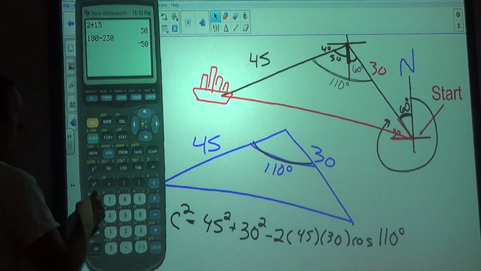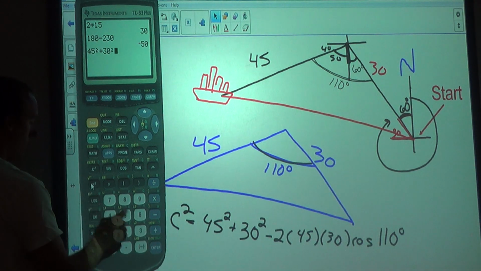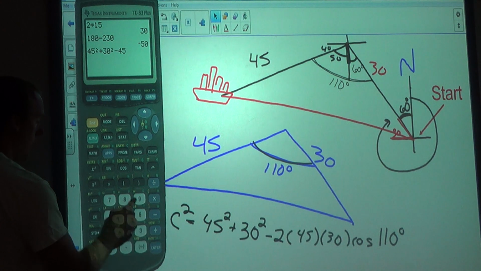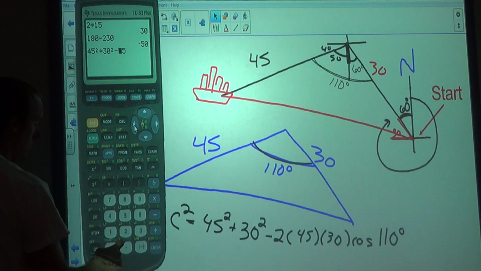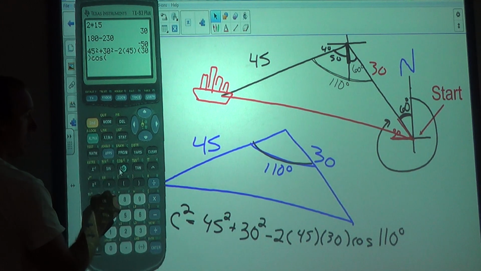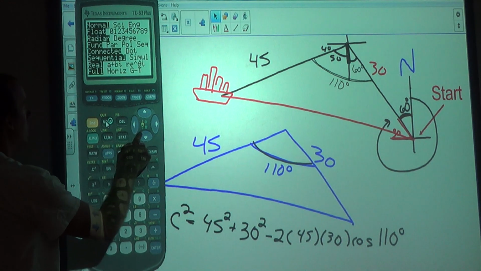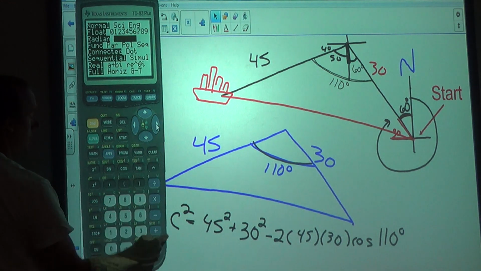Then we can just use my calculator. So 45 squared plus 30 squared minus 2 times 45 times 30 times the cosine of 110. Make sure our mode is in degree mode.